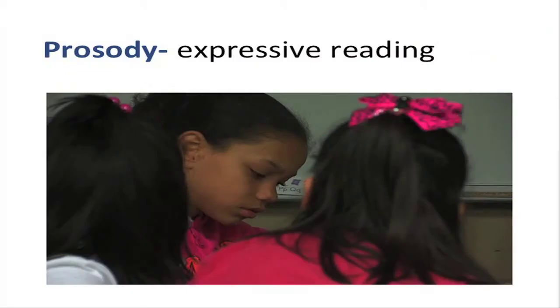Prosody is essentially expressive reading. If you read to your students with dramatic flair, assign voices to the characters in your stories during read-alouds, encourage students to read the same story aloud several times, or use reader's theater as a classroom activity, then you're encouraging this important skill. It's interesting to know that researchers have found strong links between oral reading prosody and general reading achievement.